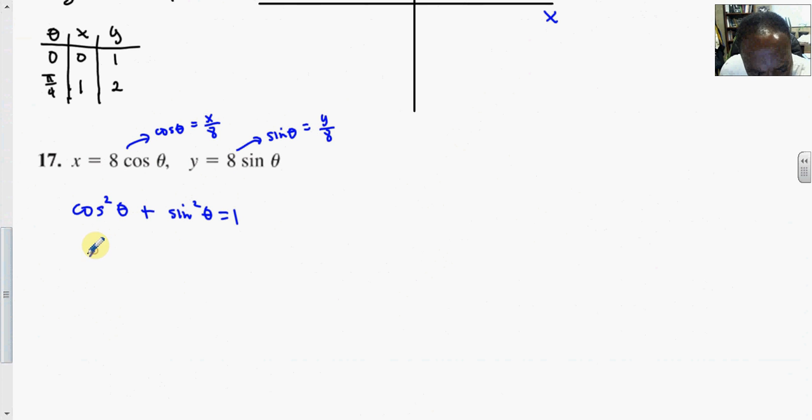So we get (x over 8) squared plus (y over 8) squared is equal to 1.